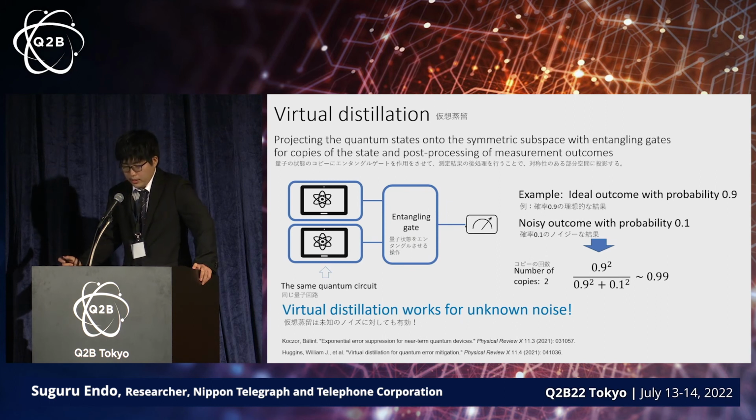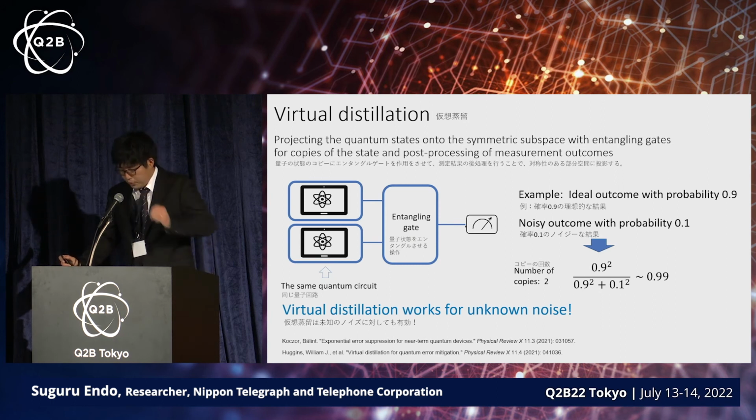This technique is like, by using the copies of the quantum state and applying the entangling gate to the copies of the quantum state, we can project the state to the symmetric subspace, and we can mitigate errors.